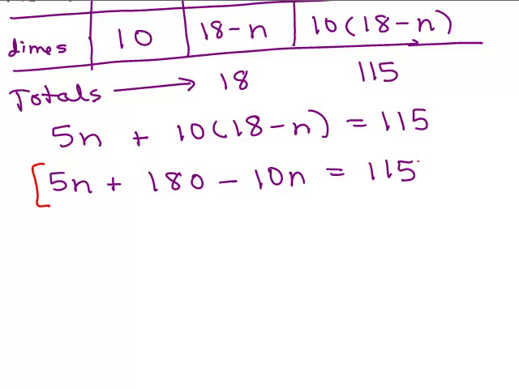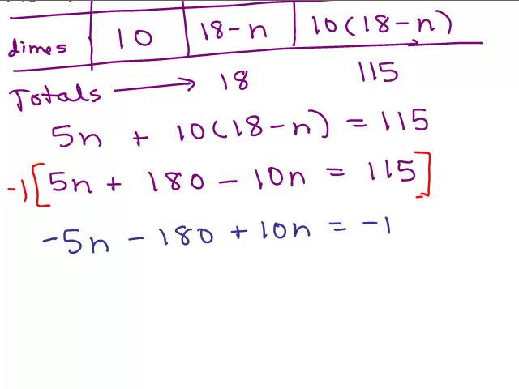Now, you could have solved this totally different than me, but I'm going to multiply each term by -1, which means I just change all the signs. So that becomes a -5n, a minus 180, a plus 10n, and a minus 115. Right? So negative 5n plus 10n, that's going to give me a positive 5n.